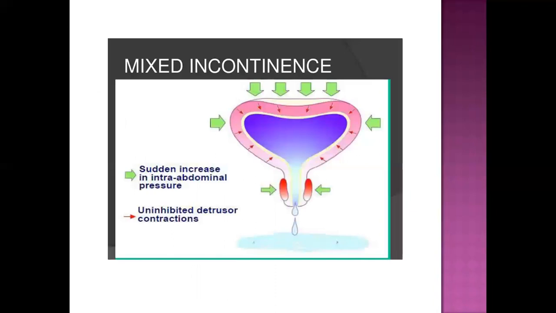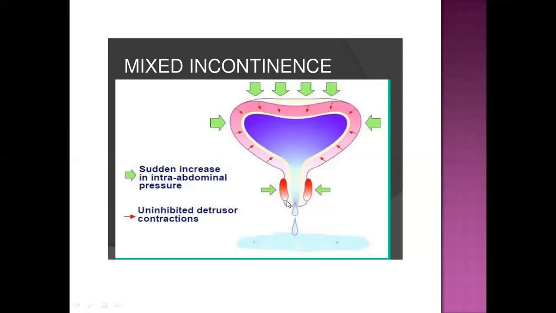What actually happens in mixed incontinence is there is an increase in the intra-abdominal pressure towards inside, and there is detrusor muscle contraction. Detrusor muscle is one of the muscles of the pelvis. Because of the detrusor muscle contraction, urinary system organs get compressed and urine comes out involuntarily from the body.